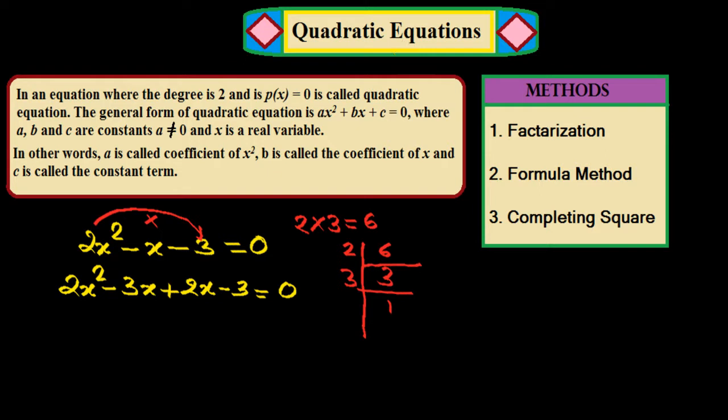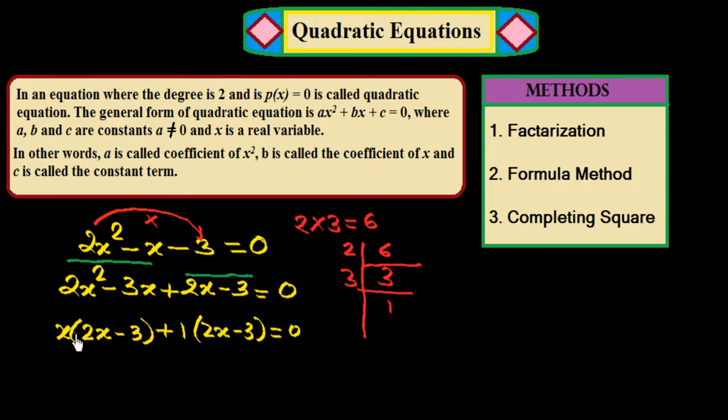Now we take the first two terms and take outside whatever is common. Here x is common, so we take x outside, and we have 2x minus 3 remaining. In the remaining two terms, we also take out something common: 1 is common in both, so we take out 1 and it is 2x minus 3.